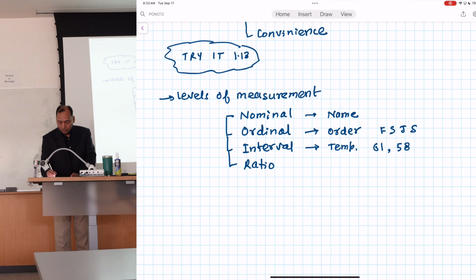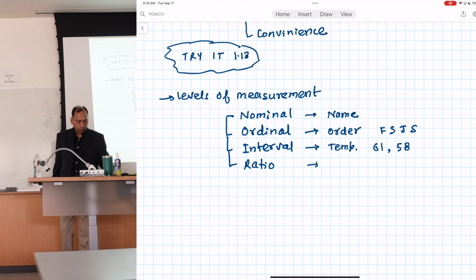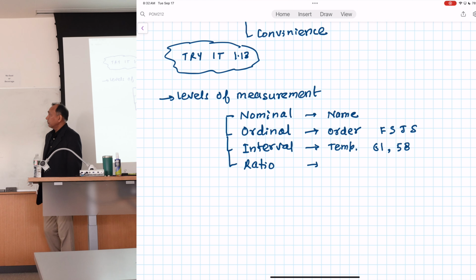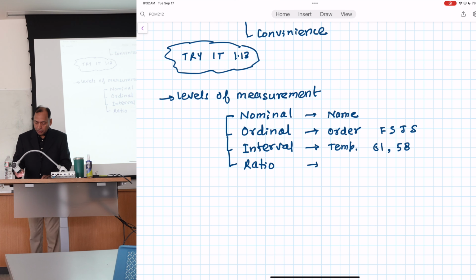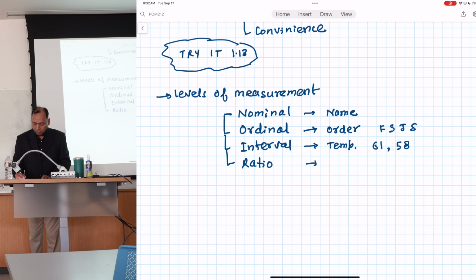And then finally you have a type of data which is called ratio data, where the ratio of two numbers makes sense. So for example, profits for a business.